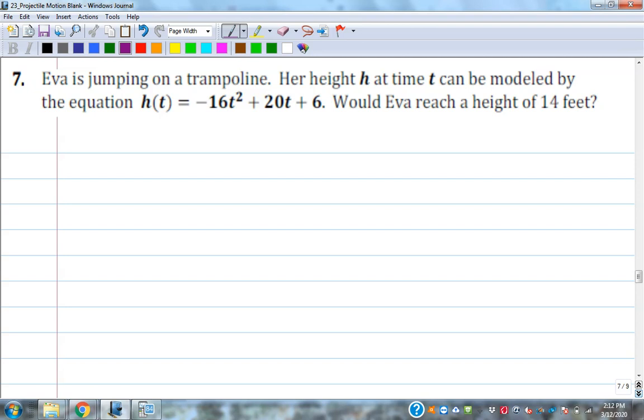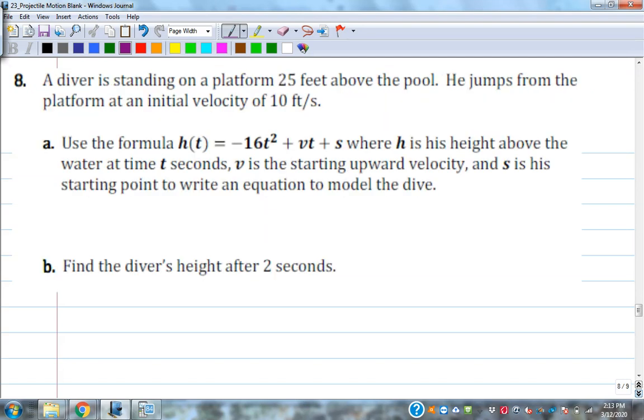So if we set that equal to 14 and solved it and got a solution that works, that's not a negative number, then maybe she does get to 14 feet. But I think the vertex is the easiest way, and just compare the number on the vertex. I think that's the best way to work 7. But I'm thinking in terms of ACT style problems, you don't always have to work it the right way to get the right answer. And I think the vertex way is doing that. It's the best way.